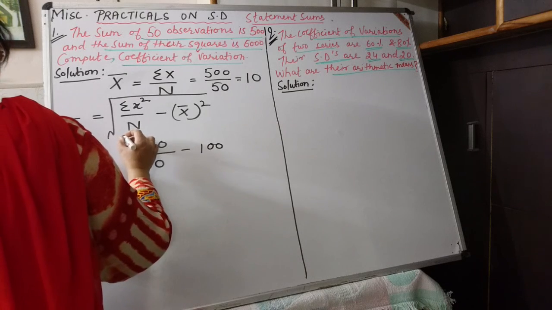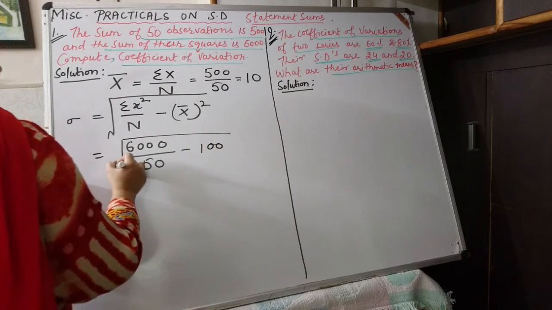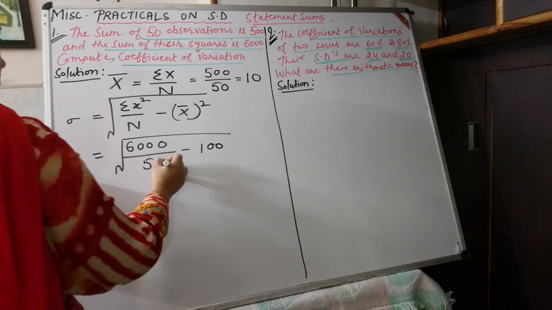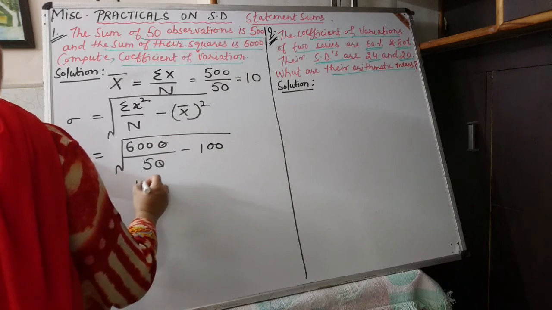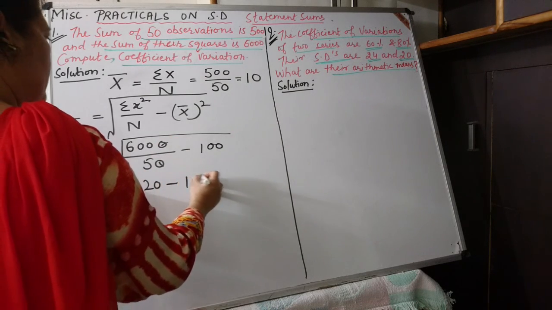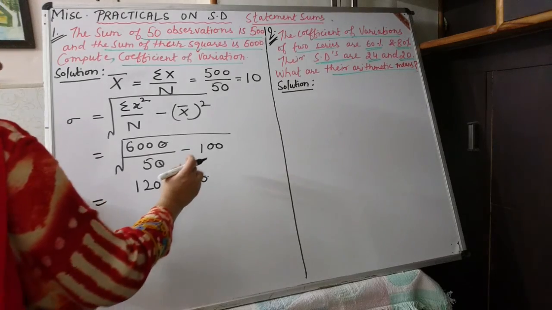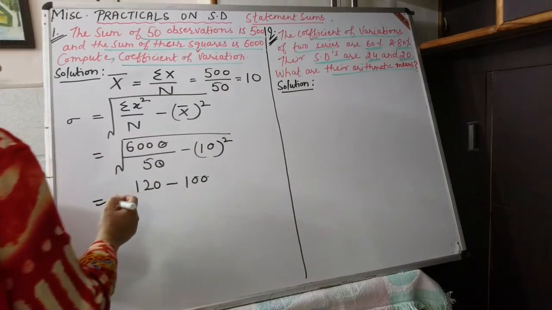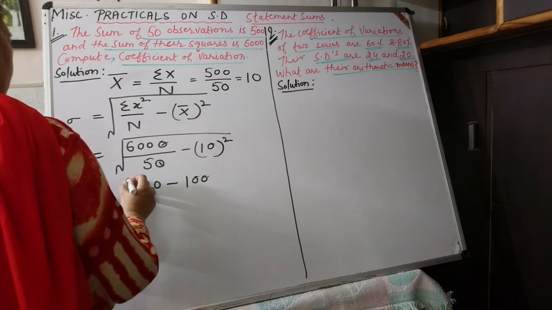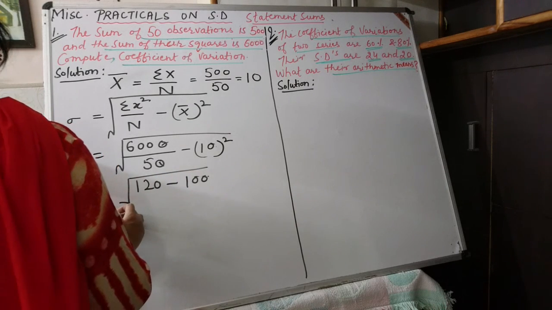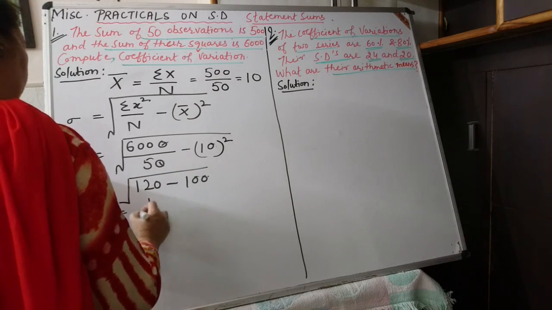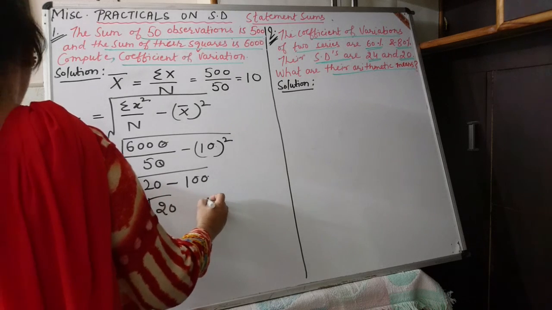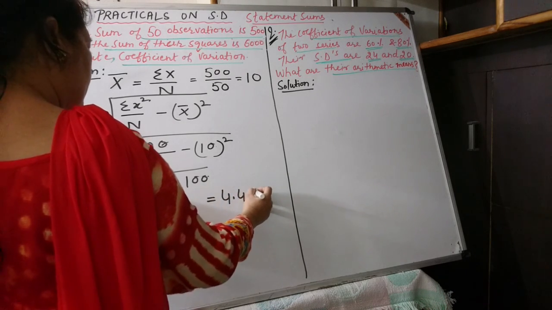This is the square root of 120 minus 100. You can also write this as the square root of 20, and the answer will be 4.47.